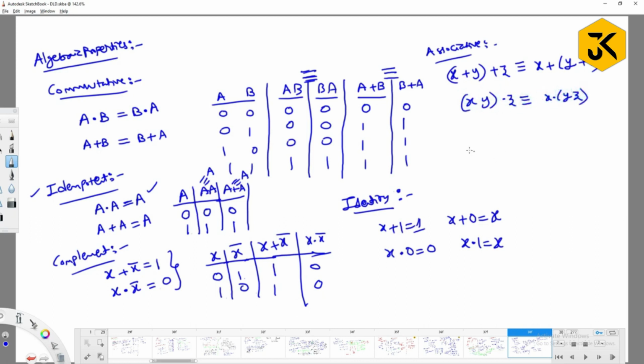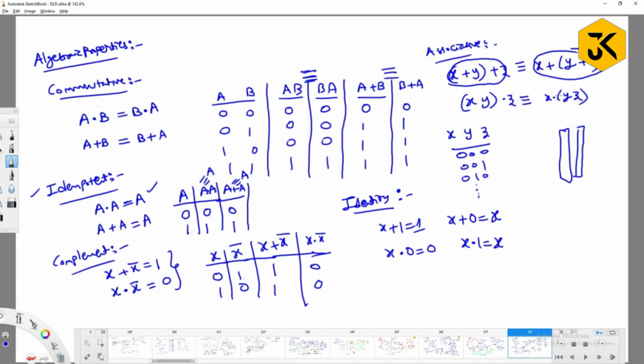So how do we prove it? Take the three variables x, y, z, 0, 0, 0, 0, 0, 1, 0, 1, 0 and so on. You can derive the value of LHS, you can derive the value of RHS, and you can observe the last two values are the same. Hence, I can say that this expression is associativity. Okay, fine.